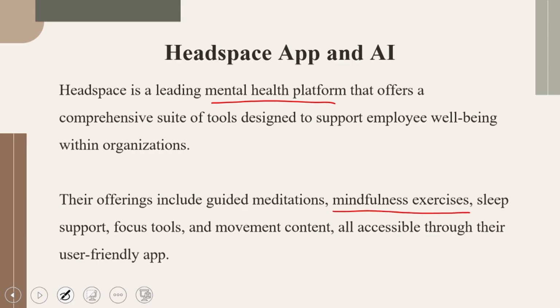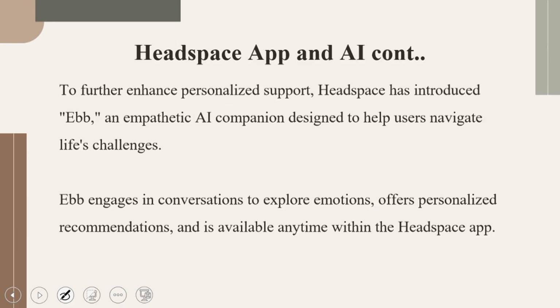We had a detailed discussion about mindfulness in our organizational behavior course, which is also being run parallelly to this. There are things with respect to sleep support, there are things with respect to focus tools and movement content, all accessible through their user-friendly app. So when you are looking into the Headspace app specifically, it has a certain element to enhance personalized support, and for that Headspace has introduced Ebb, an empathetic AI companion designed to help users navigate life's challenges.